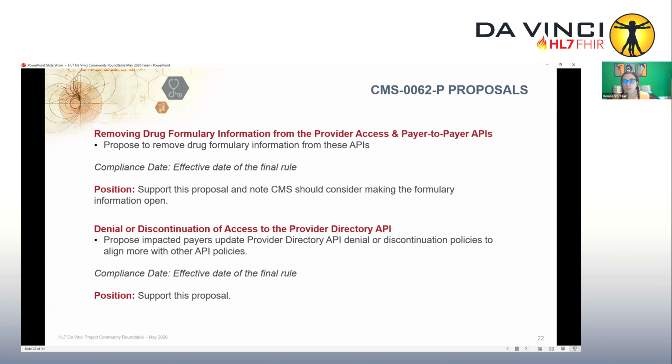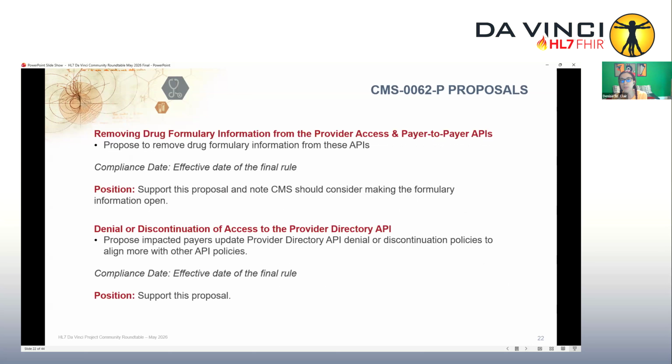There's a proposal to remove drug formulary data from the provider access and payer-to-payer APIs, effective with the publication of the rule. And generally, the community supports this proposal and notes that CMS should consider, however, making formulary information open, like provider directory information. The IG supports that.